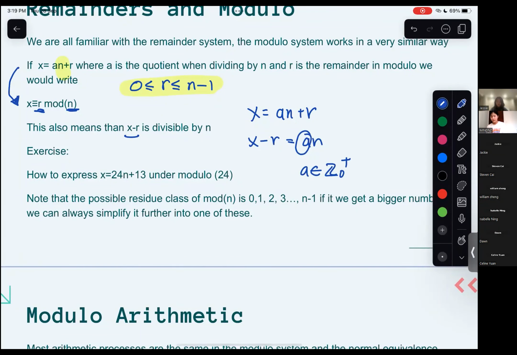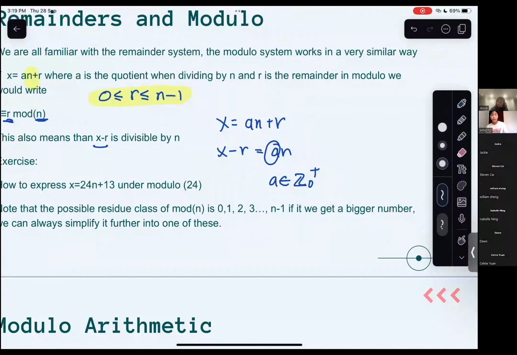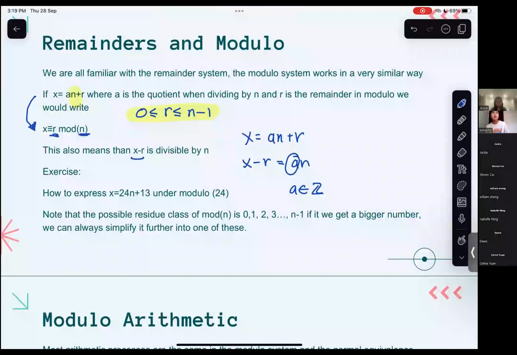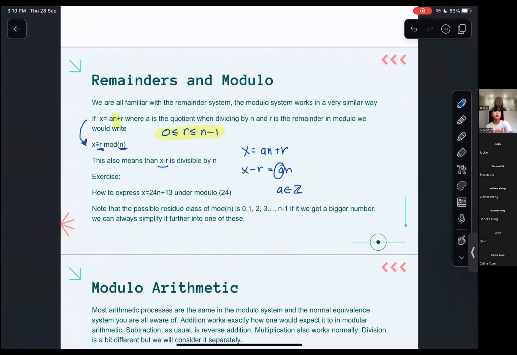So now, does everyone understand the system of modulo and how to write it? It's very, very similar to remainders. You can just think about it as remainders for now. Does everyone understand what we're talking about here? Okay, awesome.